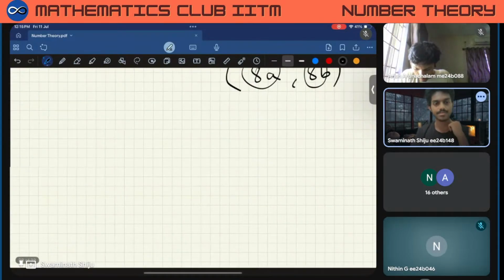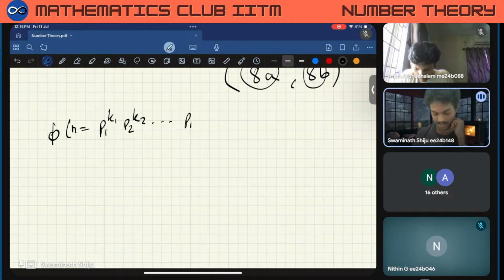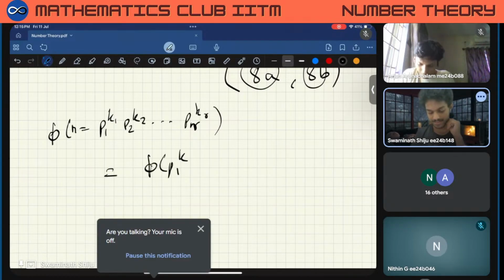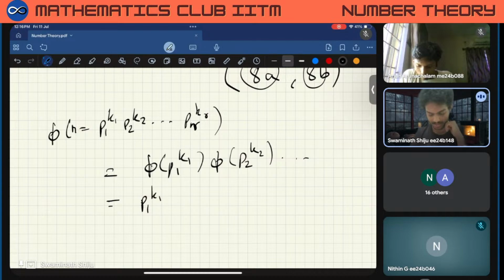Right? Okay. So yeah, if we know it's multiplicative, then n is equal to p1 power k1, p2 power k2, so on and so on, pr power kr. Right? We know it's multiplicative. Just write it separately then. We know for prime powers, so that's just p1 power k1 into 1 minus 1 by p1, p2 power k2 into 1 minus 1 by p2, and so on and so forth.